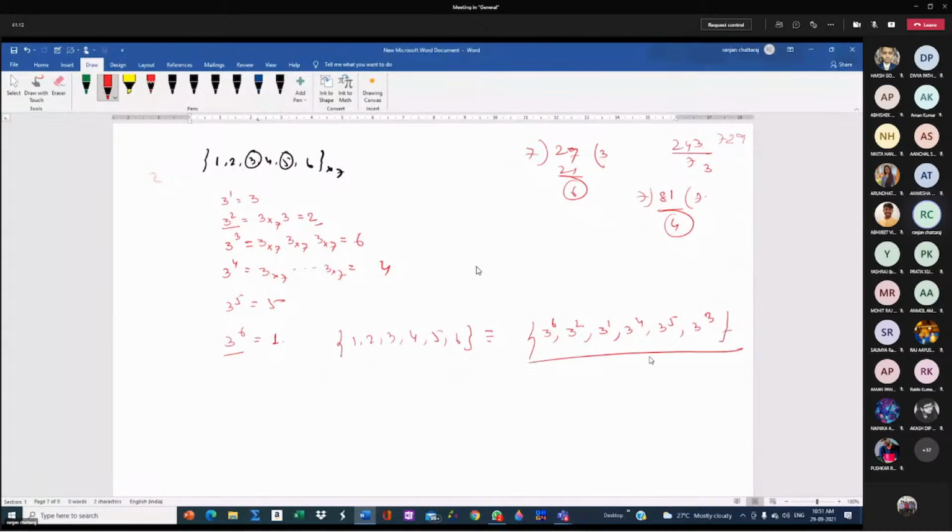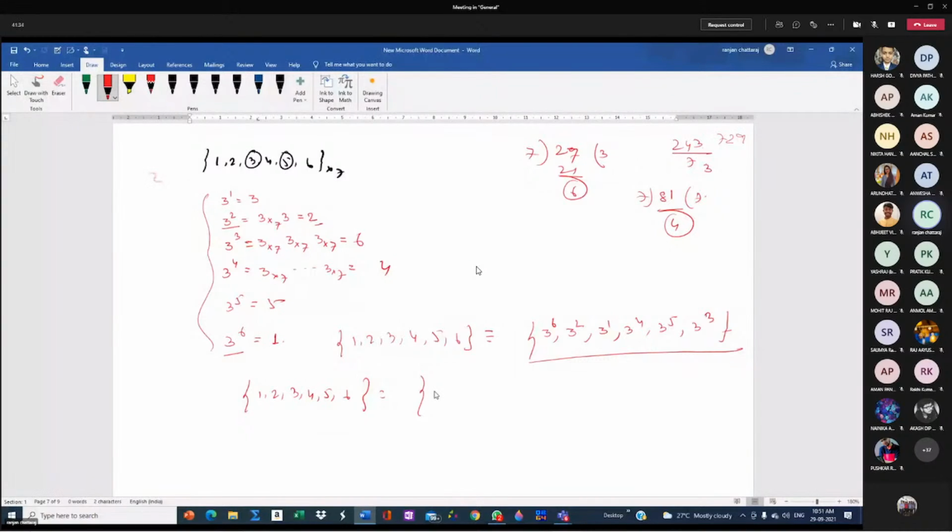And again, you say 5. Can you express this in terms of 1, 2, 3, 4, 5, 6? One of you said that 5 is the generator. Then tell me, 1 equals 5 to the power how much?